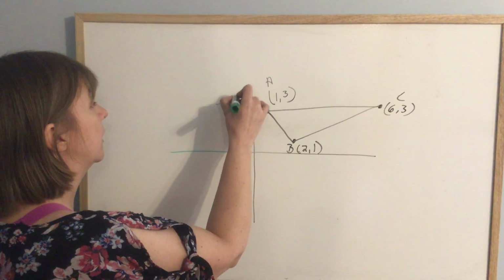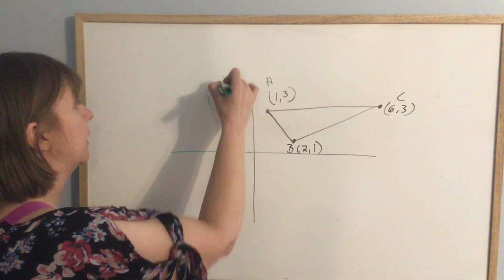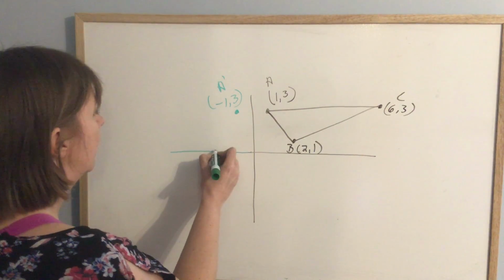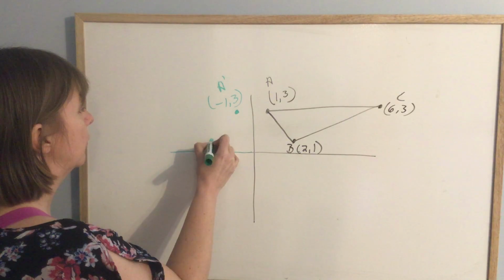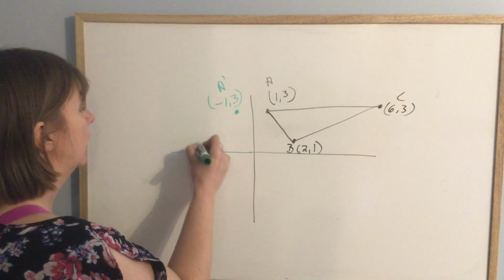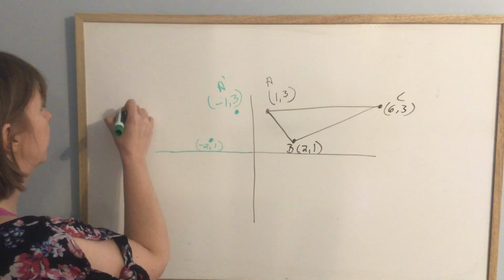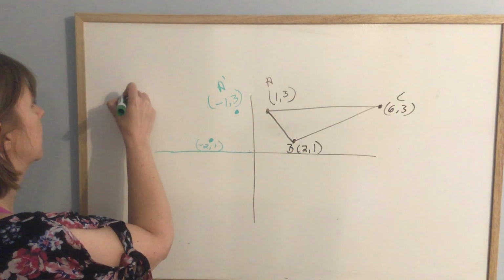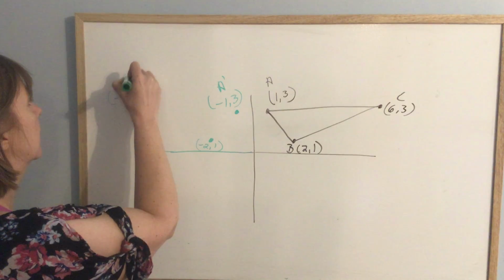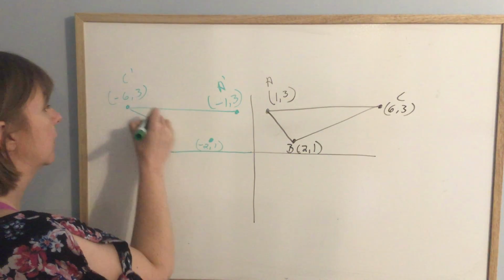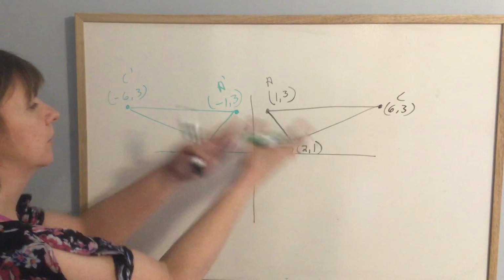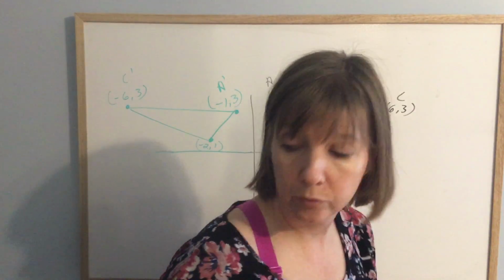So -1 and 3. That would be A prime. B prime would be -2 and 1. And C prime would be -6 and 3. And so it's just been reflected over here.